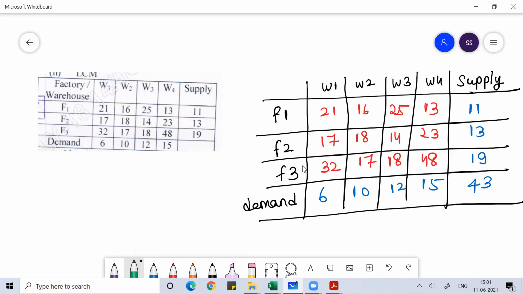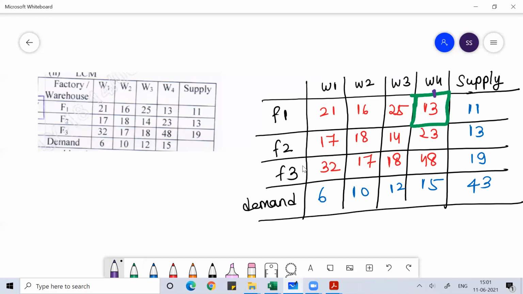Okay, so when we use the northwest corner, least cost method or matrix minimum method, guys, we pick the cell having the least value. Which cell is having the least value? 13. So the cell which is having the least value is 13. Then you can see total supply is 11, total demand is 15.